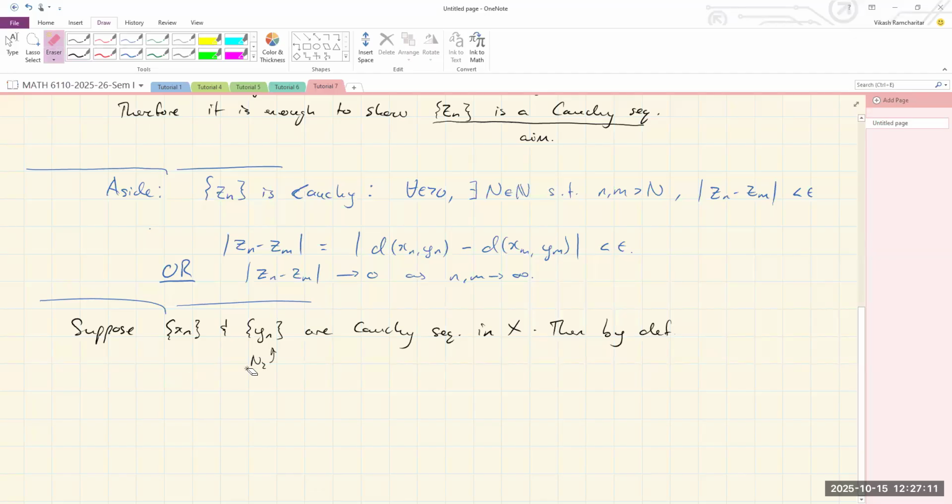In that case you could probably take it to be epsilon over 2, because you might end up adding something in the end. But there's an easier way to write it: by definition, the distance between the terms in the x's is going to 0, and the distance between the y's is going to 0 as the natural numbers n and m go to infinity.